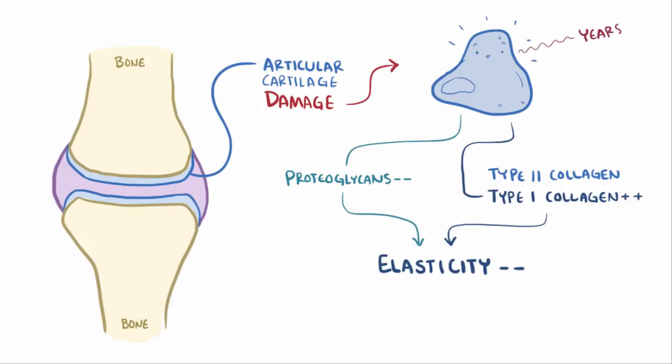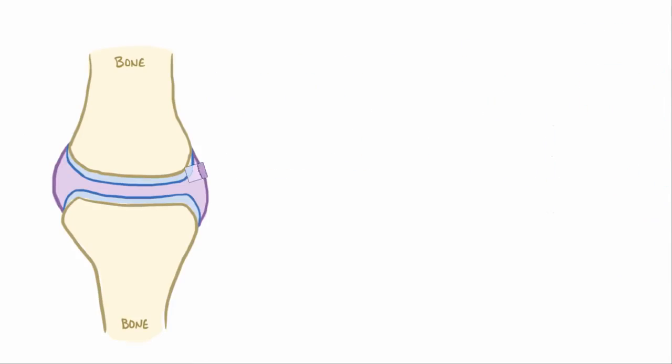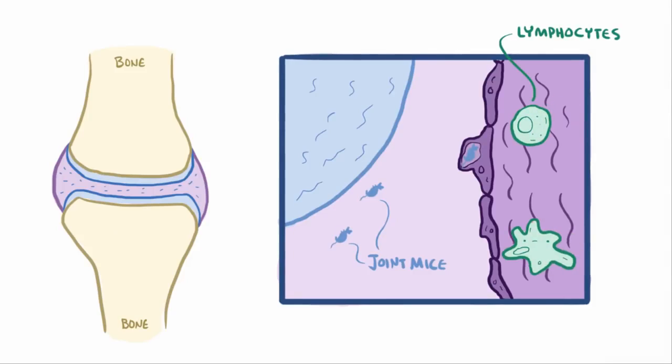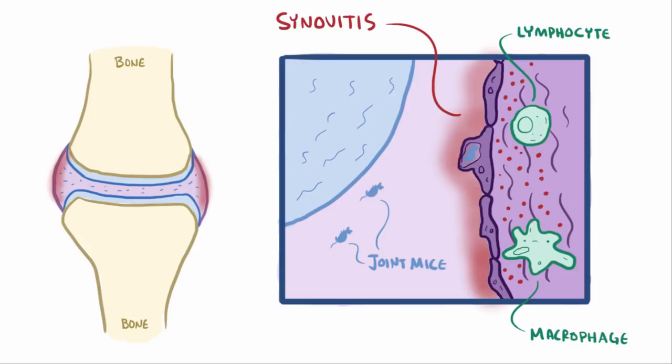Eventually, though, over the course of years, chondrocytes aren't able to keep up, and they become exhausted, and they can undergo apoptosis, or programmed cell death. The cartilage gets softer, weaker, and continues to lose elasticity, and it starts to flake off into the synovial space, called joint mice. As type A cells in the synovium attempt to remove the debris, immune cells like lymphocytes and macrophages are recruited into the synovial membrane, which produces pro-inflammatory cytokines that ultimately cause inflammation of the synovium as well, called synovitis.